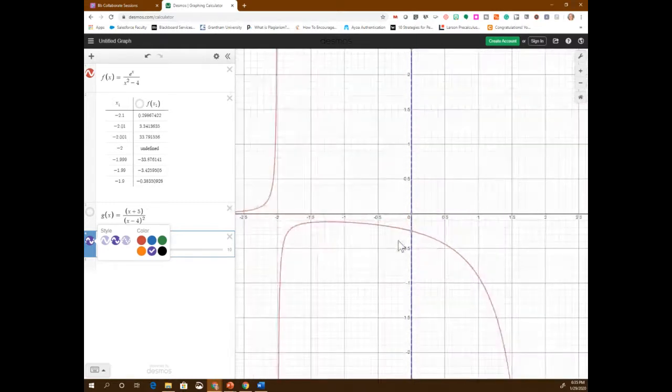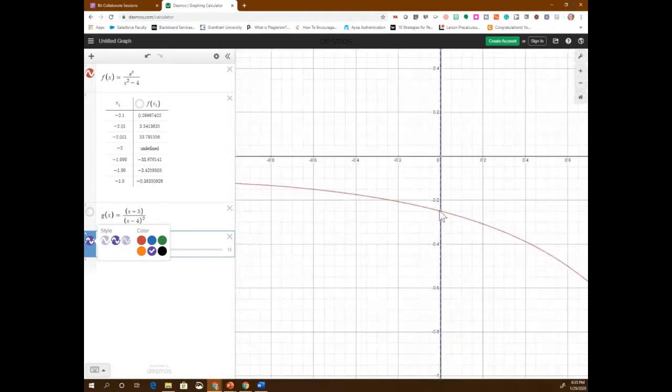If I zoom in, we got -0.25. You can see the limit is -0.25. When you go towards 0 from the left, you're nearing that number, and from the right to the left, you're still approaching a y value of -0.25 at 0. So that was the first example we did, and we used the table. We found the limit was negative 0.25, which is the exact value at that point.